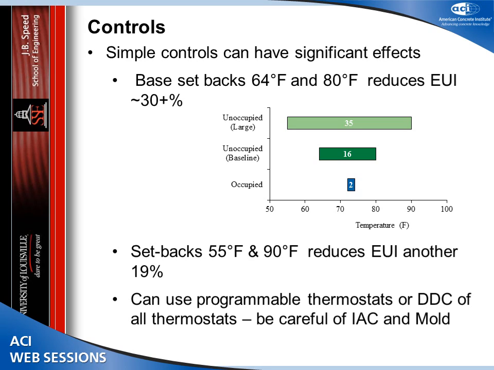And we were able to get a significant reduction in the energy in the building just by very simple setback controls on that building. Now, all you would need is a programmable thermostat, or if you had a DDC system, automated system for the building. It's not that hard to incorporate that.